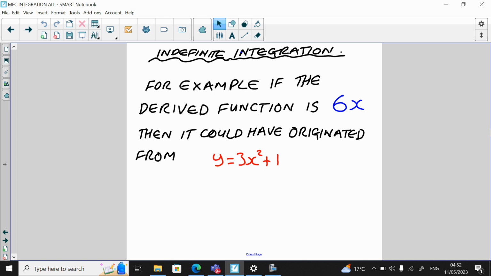The 1, when I differentiate a constant, its value is 0, so you'd end up with 6x. It could also have come from that one, or that one. So the derivative for each of them is the same.